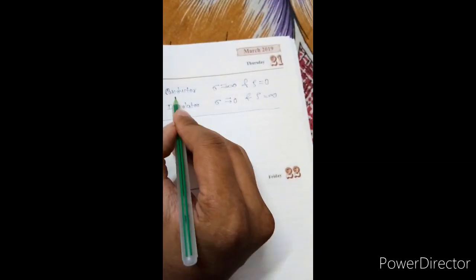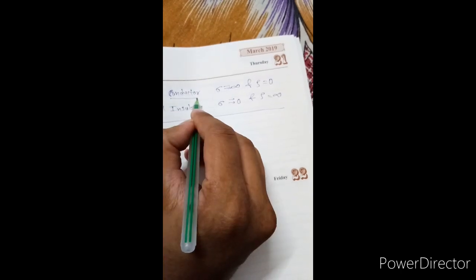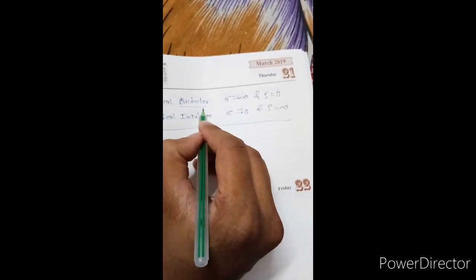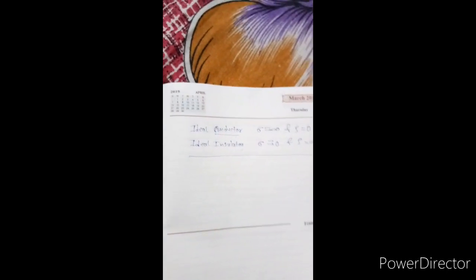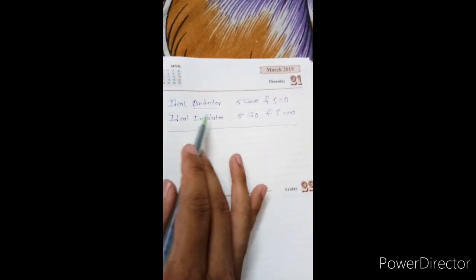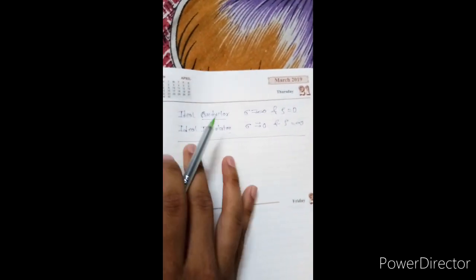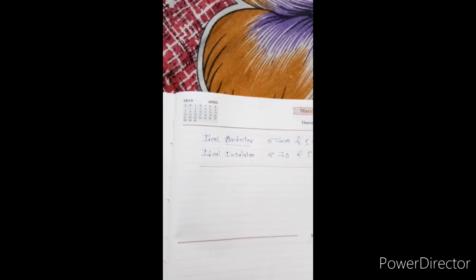Conductor is anything that can conduct electricity. Insulator does not conduct electricity or current. From this you can derive which material is conductor and which is insulator.